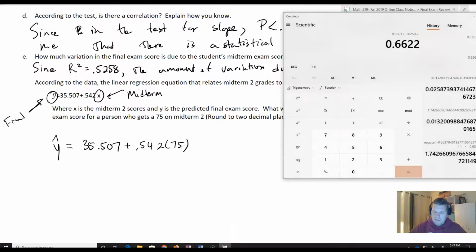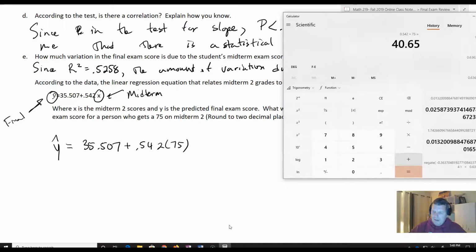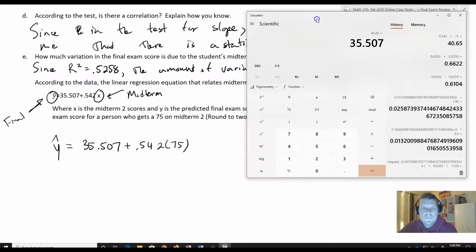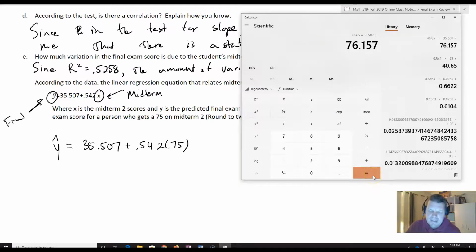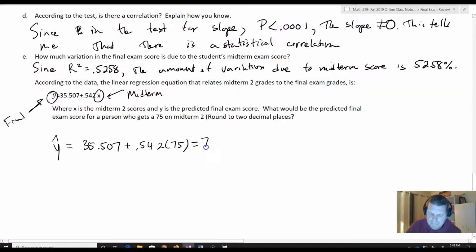So, I'll first take 0.542 times 75, plus 35.507. And that will give me 76.157.